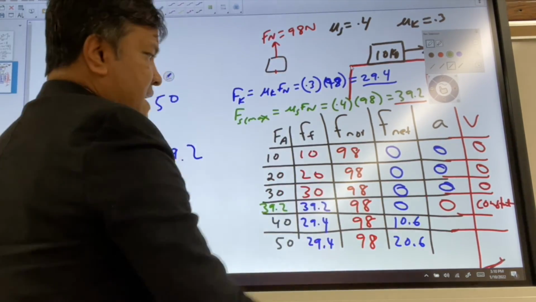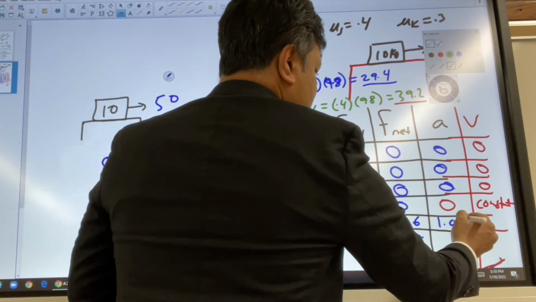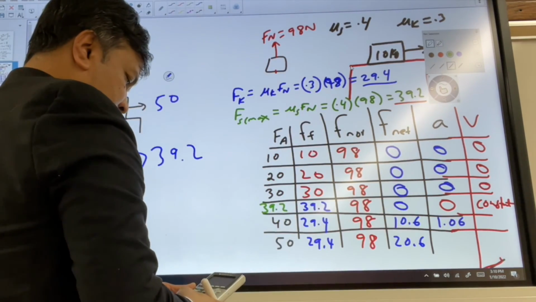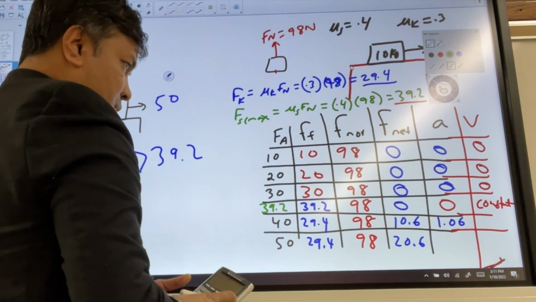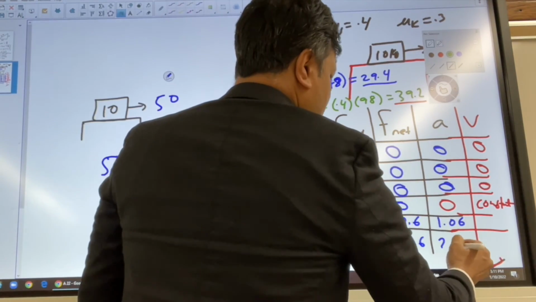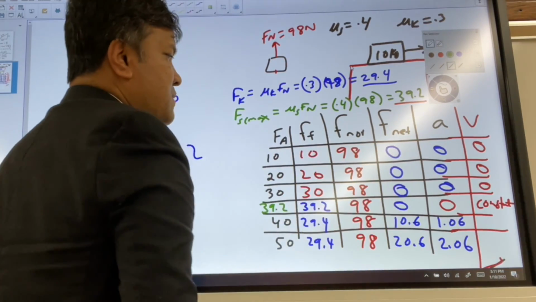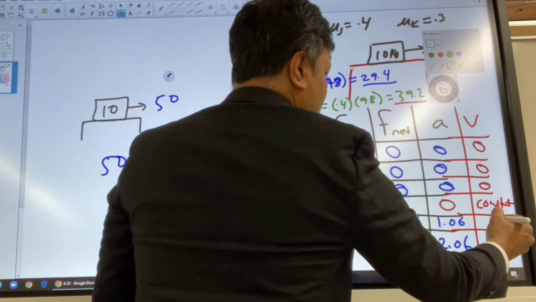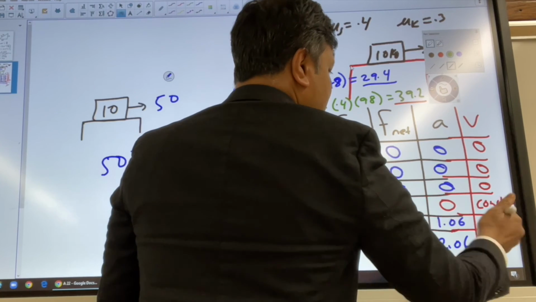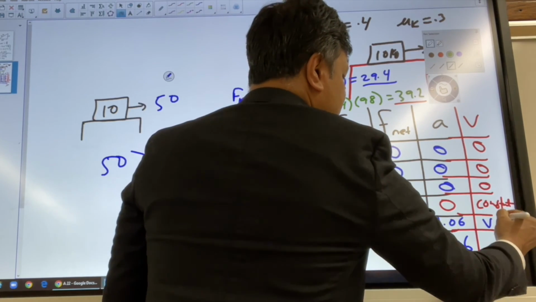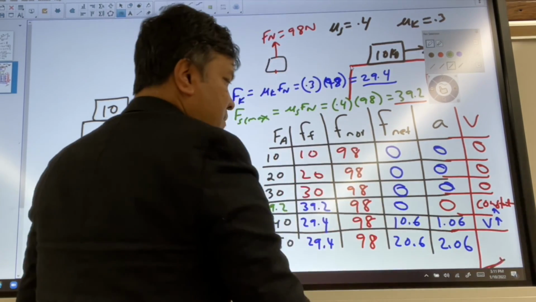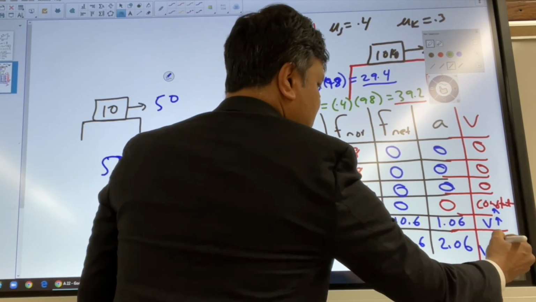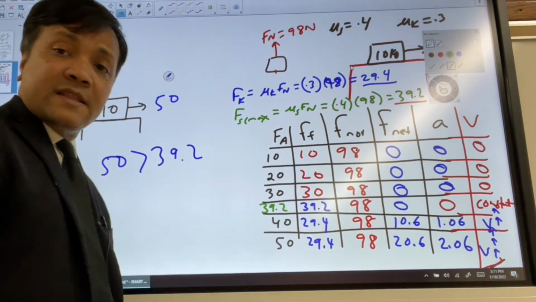So the acceleration is 10.6 divided by 10, which is 1.06, and this one is 2.06. Here the velocity increases over time, because there is an acceleration.